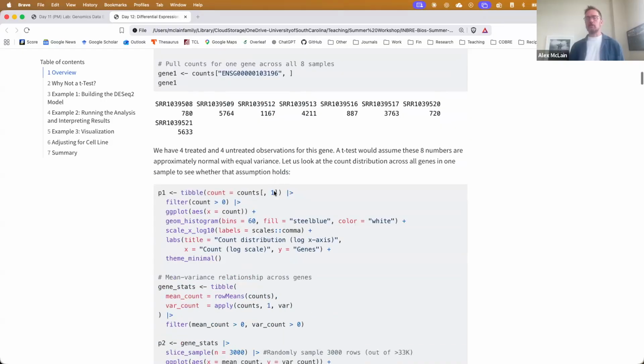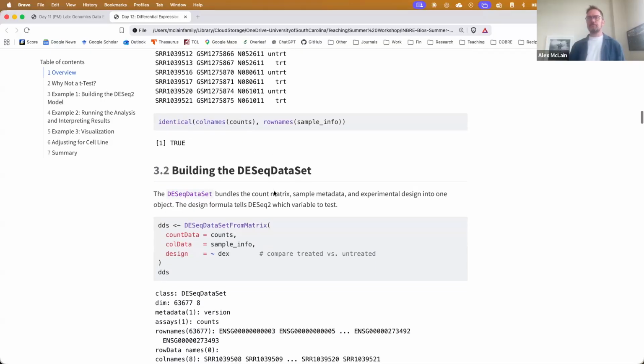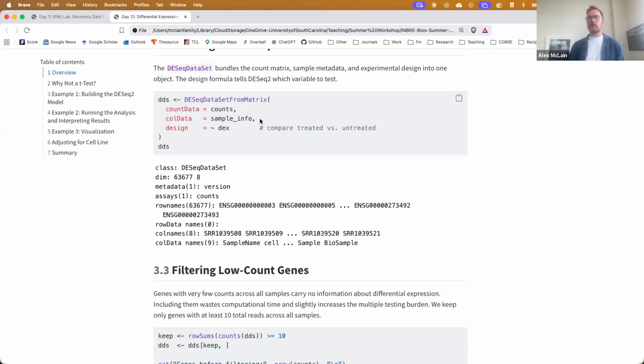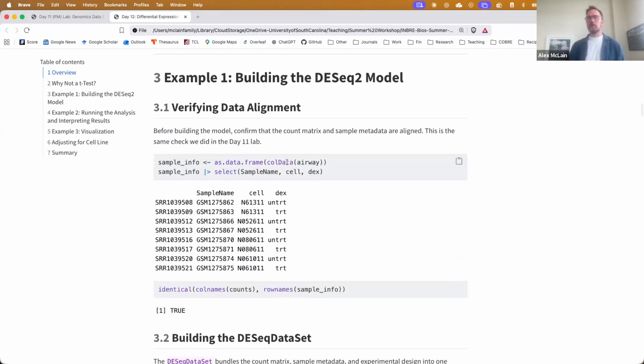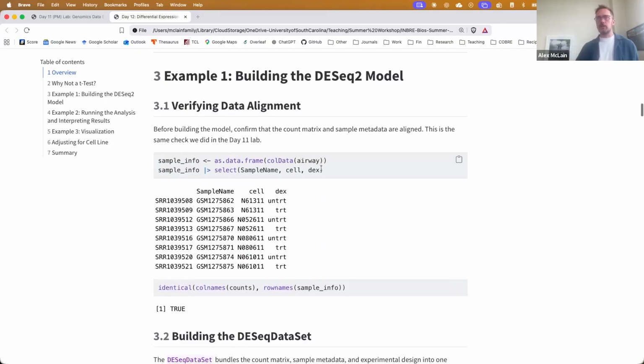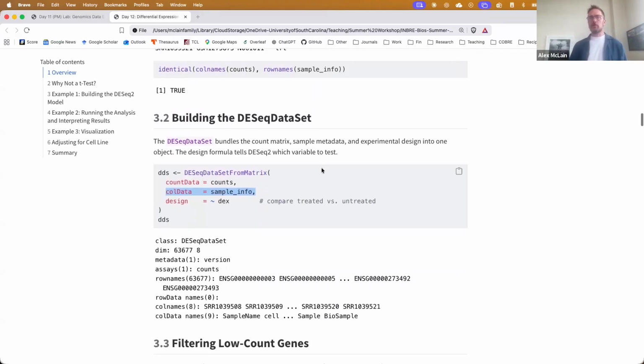That's what gives us the matrix of counts. We give it the sample info. This is the column data that was created right here. So I just did colData airway, and I did as.data.frame just to give it a little better formatting.